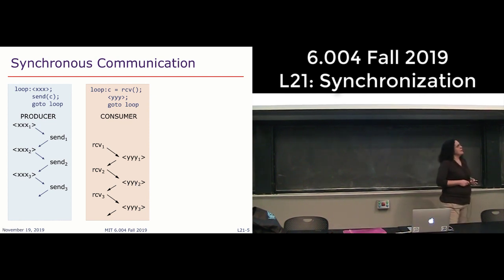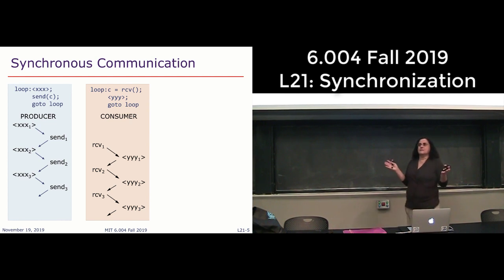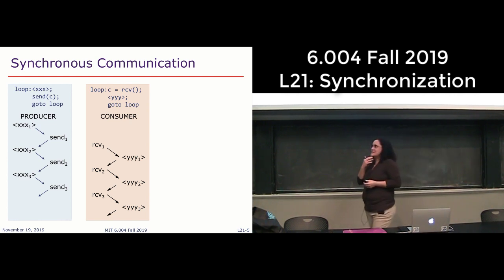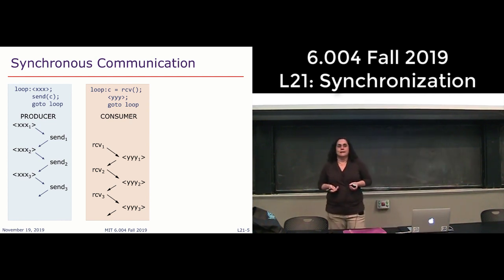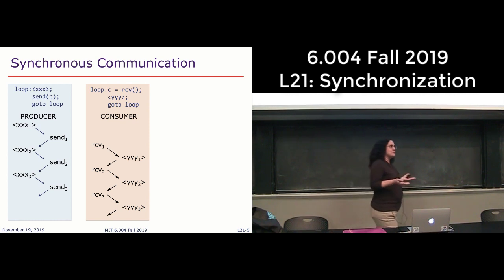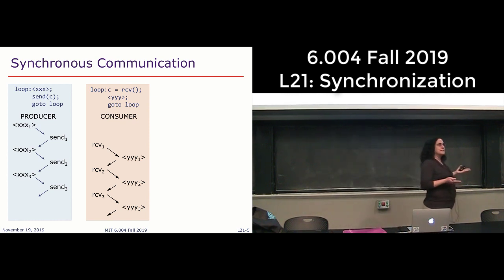Okay? So if we look at these two processes, is there any kind of relationship between them? Is there any kind of synchronization that we need to make sure happens if we want these two processes to communicate with each other?